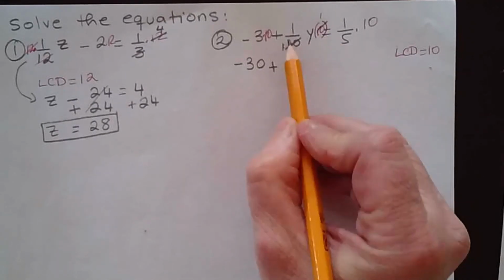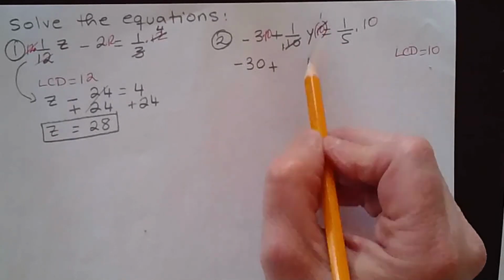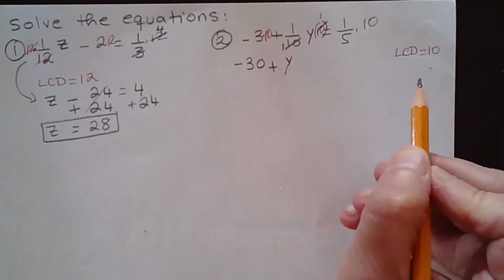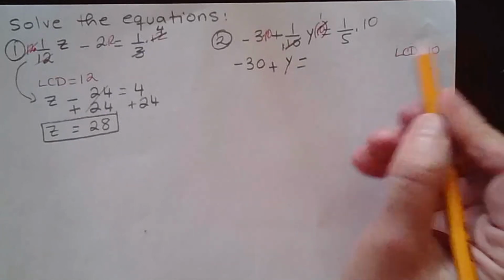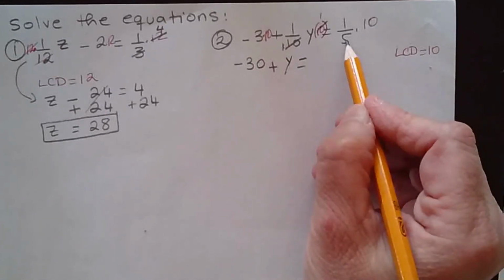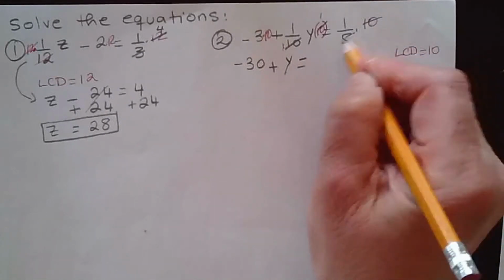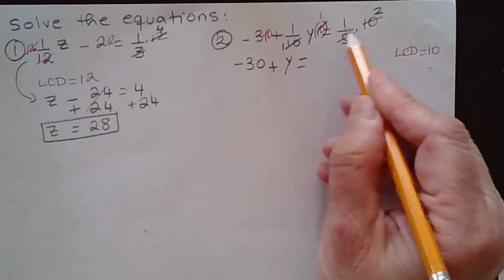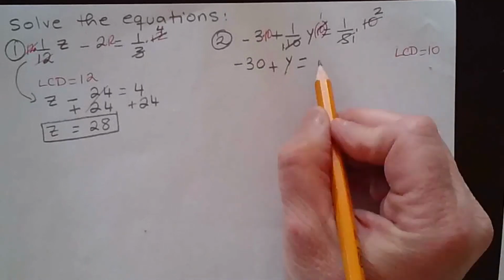So I have 1 times y times 1 over 1, that's just 1, y, equals, now the 10 and the 5, we can simplify. 10 divided by 5 is 2, and here we have just 1. So 1 times 2 is 2, 2 divided by 1 is just 2.